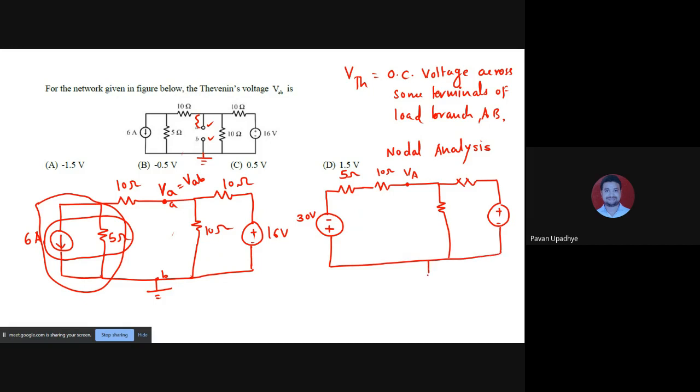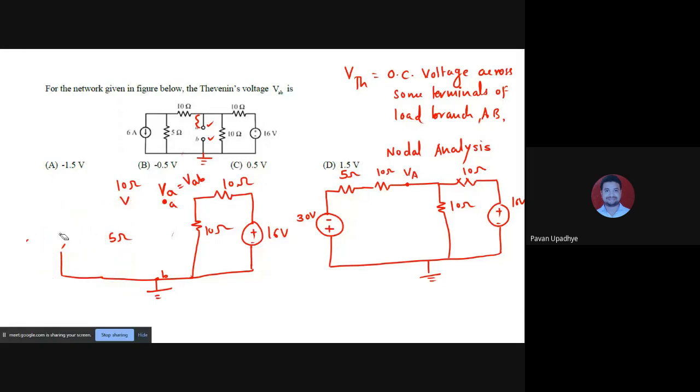So 10 ohm and 16 volt. Now it is easy for us to write down the nodal equation, and we will get the answer very soon.